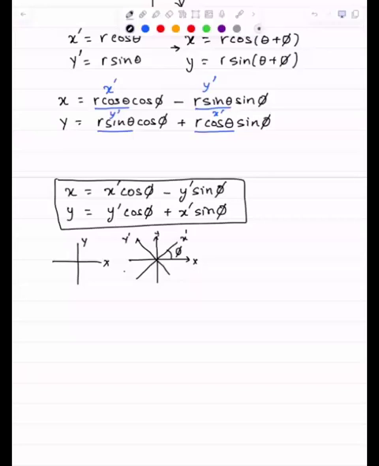If I want to convert the coordinates from x prime, y prime land back to x y land, so I know the coordinates in x prime, y prime and want to change them into x and y, this is the procedure. So x is x prime cosine phi minus y prime sine phi, and y is y prime cosine phi plus x prime sine phi. Okay.